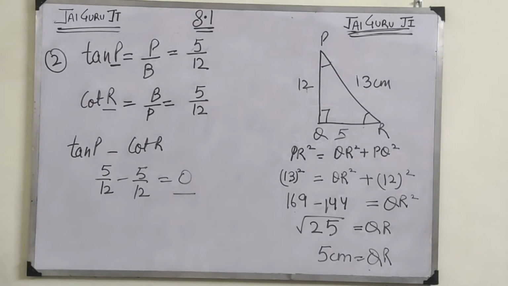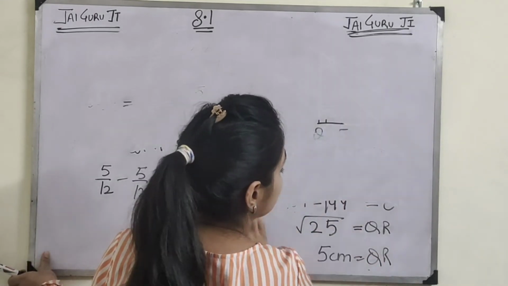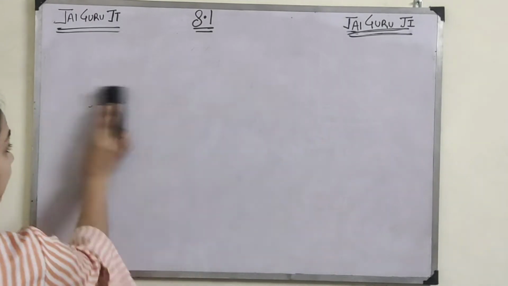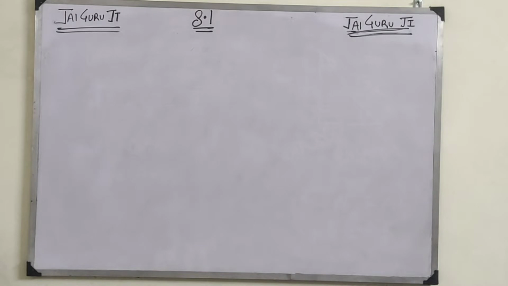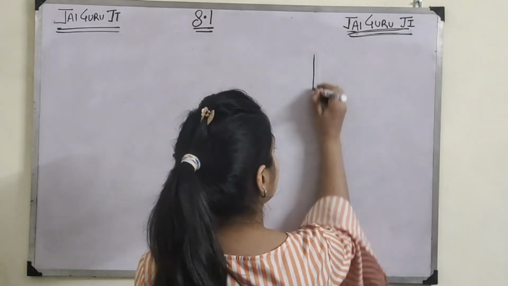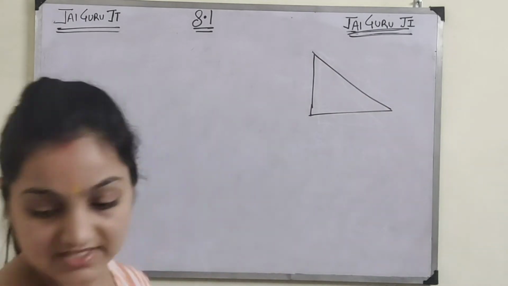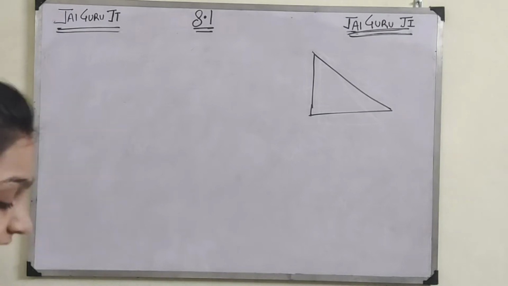Question number 3. In question 3, they are saying if sine A, again you have to make the diagram first. If sine A is equal to 3 by 4, it is given.